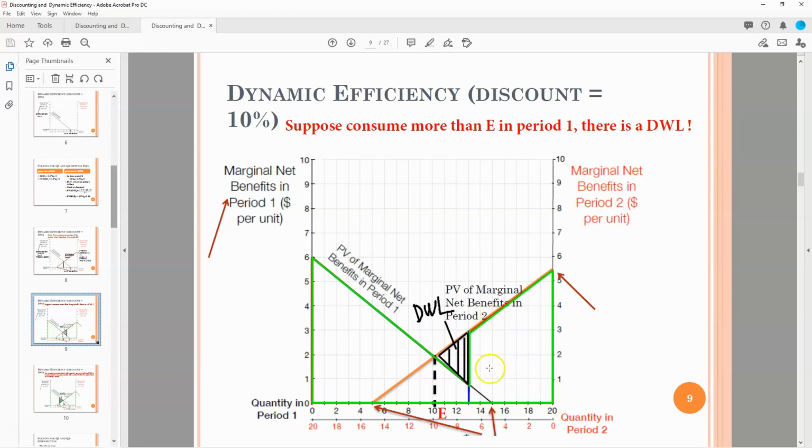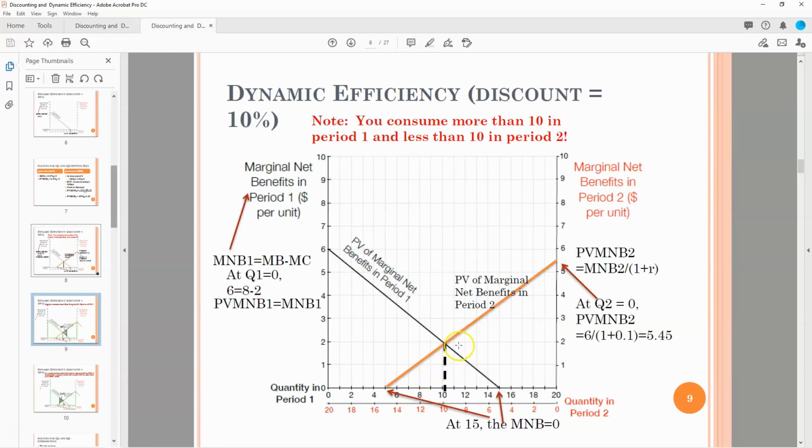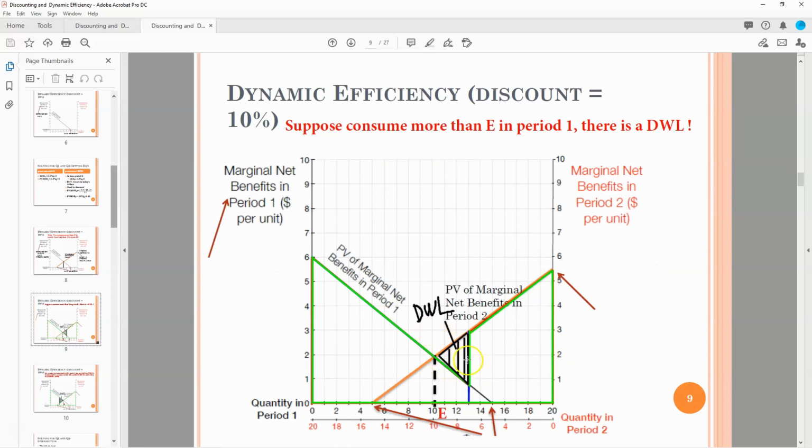The total net benefit for consuming 7 units in period 2 is enclosed by the green lines on the right and the blue line. So the total net benefits would be enclosed by the green lines. However, comparing to the optimal resource allocation, the total net benefit is the whole area under those two curves. So there would be a deadweight loss by choosing to consume more in period 1.